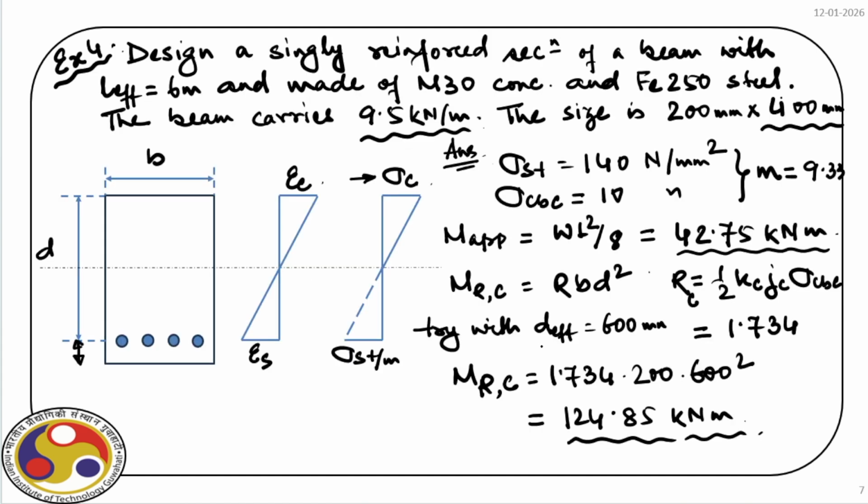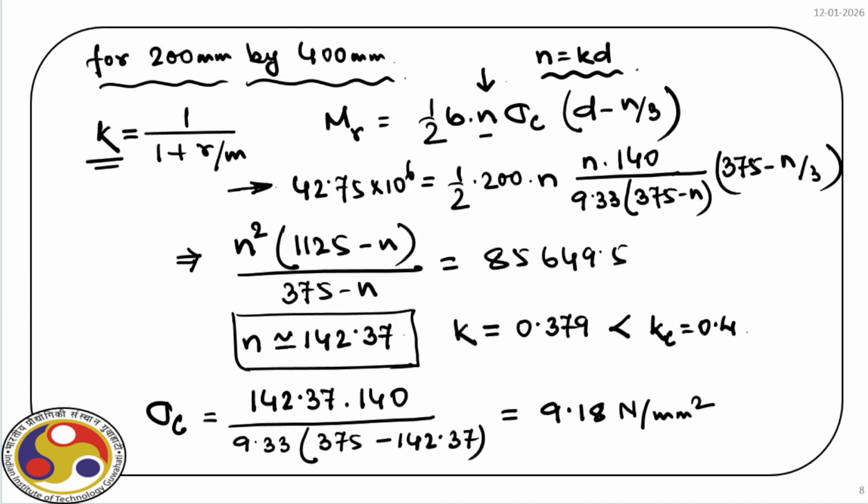We started with a very large depth of 600 millimeter, and you have seen it provides a section which is safe, but it is uneconomic. So design always finds the economic use of the material, and that's why we need to readjust all the parameters so that we get the effective design.